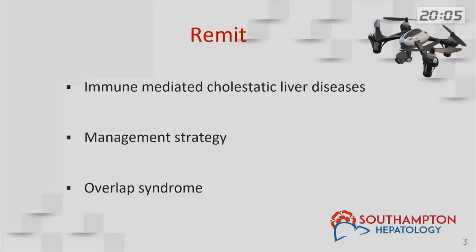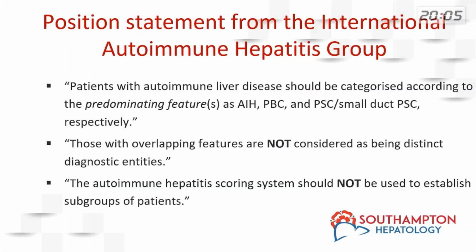In fact, let me begin my talk by sharing this position statement from the International Autoimmune Hepatitis Group, where they concluded that patients with autoimmune liver diseases should be categorized according to the predominating features as autoimmune hepatitis, PBC, and PSC or small duct PSC respectively.